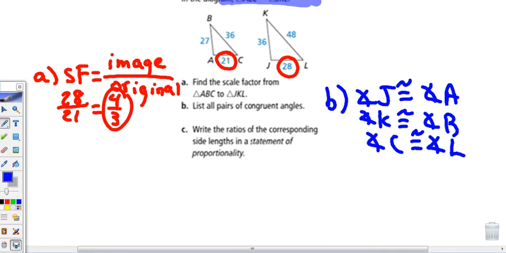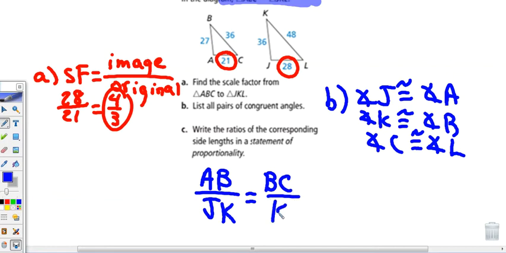Side lengths. Okay. So one way to do this, kids, would be, you would say A over B is the same as what? What's AB correspond to? JK, so you could say AB over JK has to equal, give me some other values. BC over what?